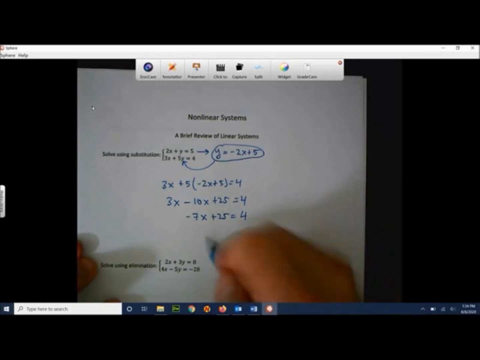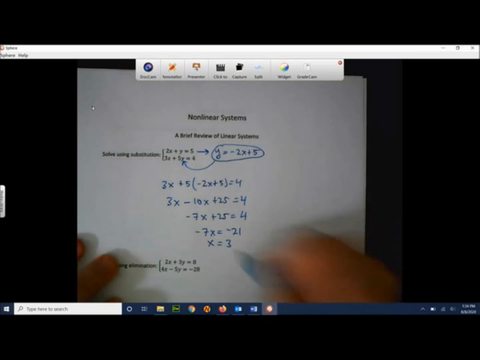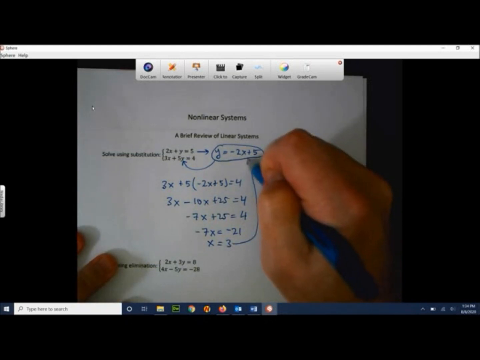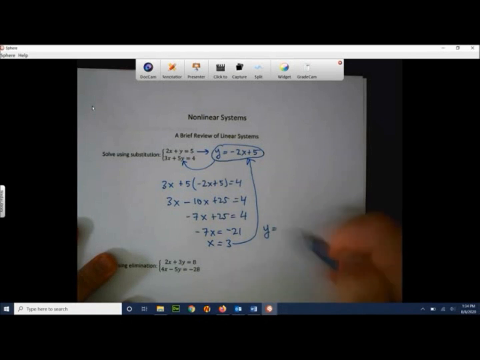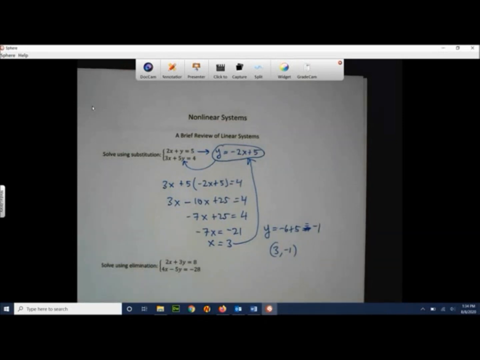Subtract the 25, negative 7x is negative 21, and divide, you get x is 3. You then take that, plug it up there, and you're going to have y equals negative 6 plus 5, which is negative 1. All right, so our answer would be the point 3, negative 1. That's where those two lines cross.